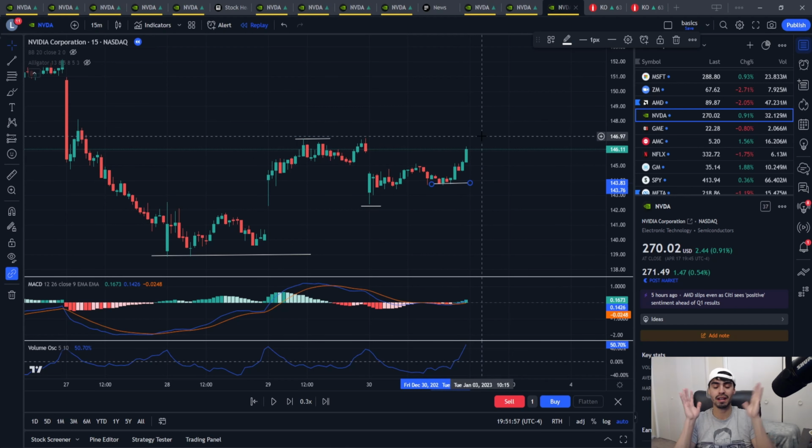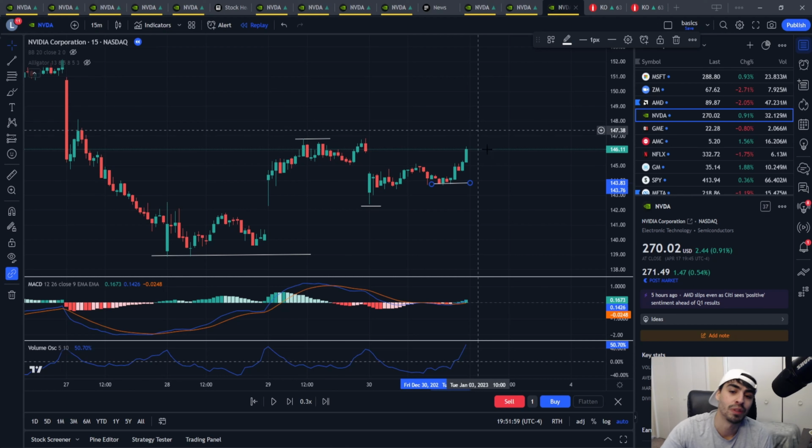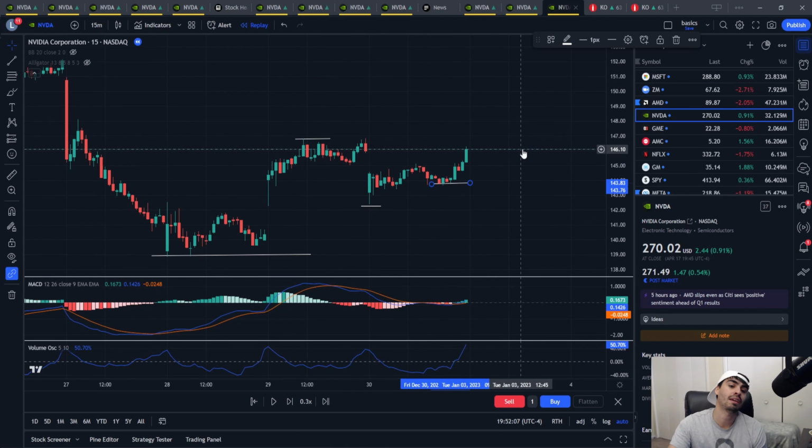Right now, my thinking is, do I think it's gonna bracket like what it's done here after a trend? And in that case, I can make loads of cash by opening a short iron condor.